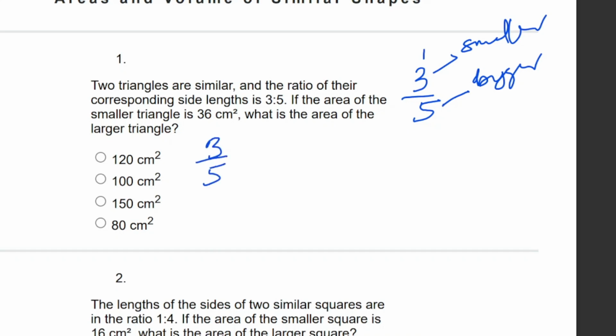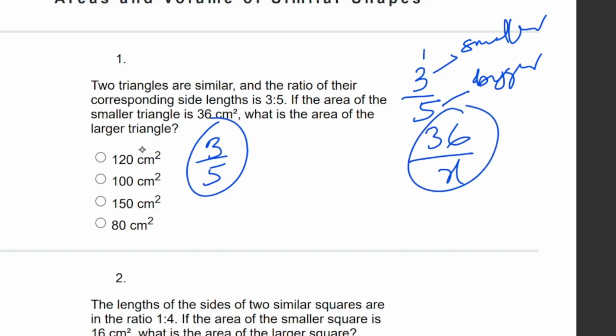Since the linear scale is 3 over 5, and we're now given further instruction that the area of the smaller triangle is 36, we don't know the area of the bigger triangle. So what's the area of the bigger triangle? Now you can see that this is area, this is linear. So we want both of them to be the same. So we want to convert this linear to area.